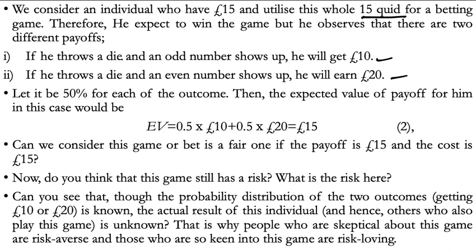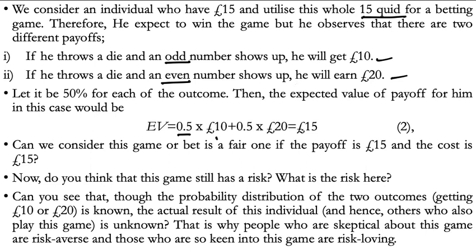Why? Because for a die, we have 6 sides and we have 3 odd numbers. We also have 3 even numbers. So that's why it becomes 50-50 for each type of number, odd number and even number. Then the expected value of payoff for him in this case would be 0.5 times 10 if he throws a die and an odd number shows, plus 0.5 times 20 if he throws a die and an even number shows up.